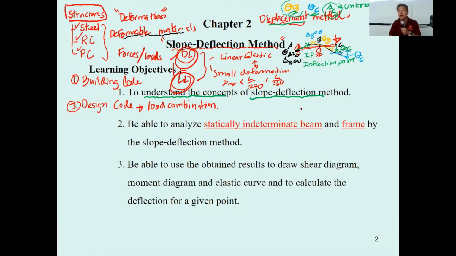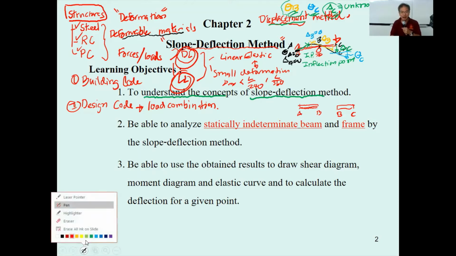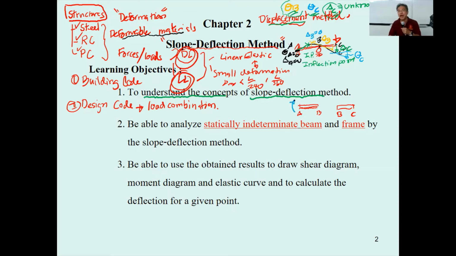Then you will have the member that you consider as AB and the member BC. By using the slope deflection method from the previous lecture, we have the equation for the moment that occurs over here.